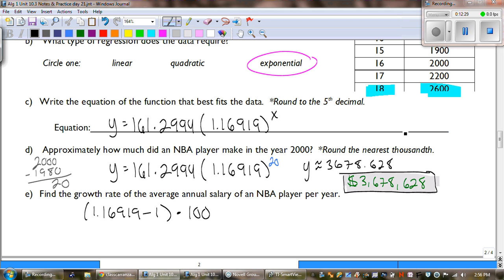And then you get a growth rate of, drum roll please. What'd you get? I got 16.919%. Okay, so as of right now, every single year it looks like their contracts are increasing by 16%. Way to go, Michael Jordan. Way to hook up those basketball players.